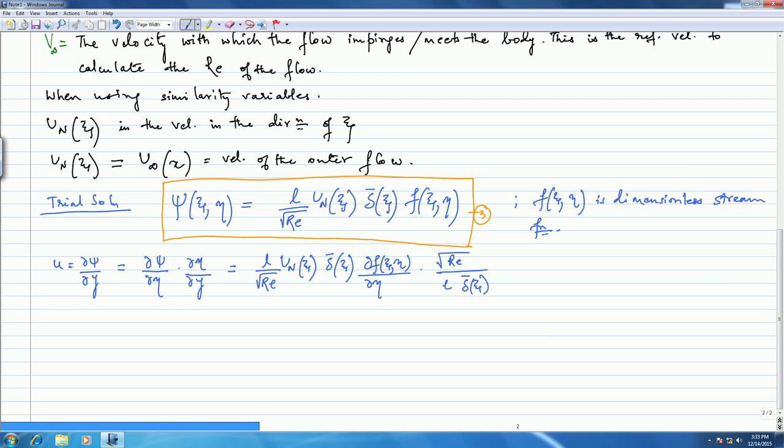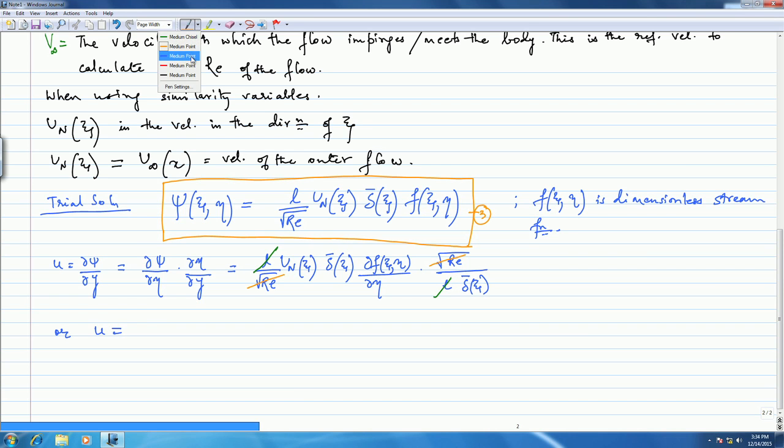Okay. So, if I do that, u is equal to, right. So we got this and this that cancels out. Delta bar cancels out, right? Re cancels out. So we got L and L that cancels out. Then we got Re and Re that cancels out.